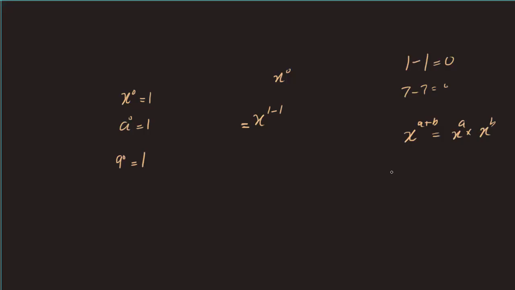Now if we change the plus sign to a minus sign, we get x power a minus b equal to x power a multiplied by x power minus b.